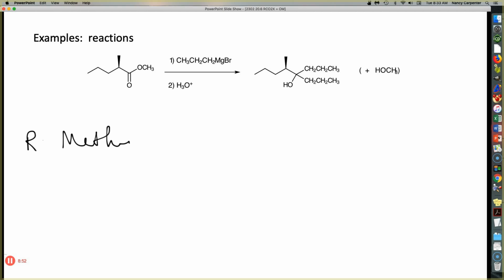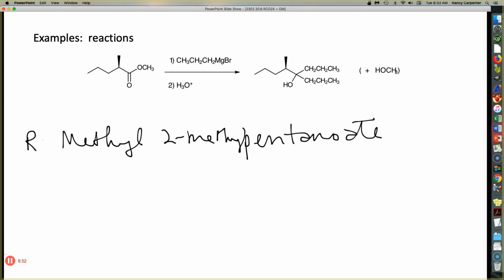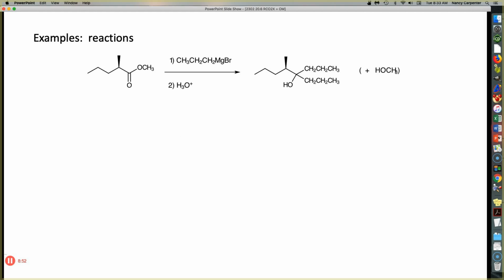Methyl, because here's my methyl for the ester. And then it's a 1, 2, 3, 4, 5. It's a pentanoate, but it's a 1, 2. So this is R methyl 2-methyl pentanoate that I am reacting with the propyl Grignard, and that should give me that.